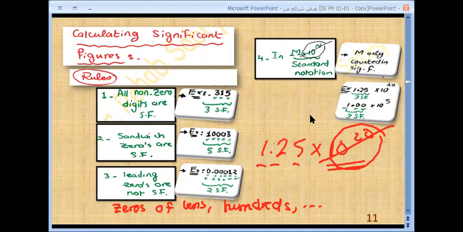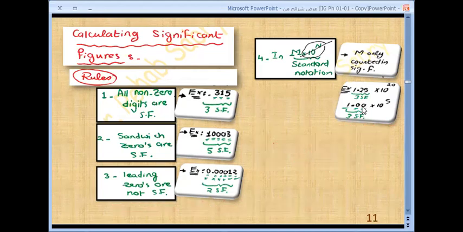But what about these? Here, these are zeros to the right of the decimal. They are counted. Not zeros to the right of the decimal with no numbers before them.